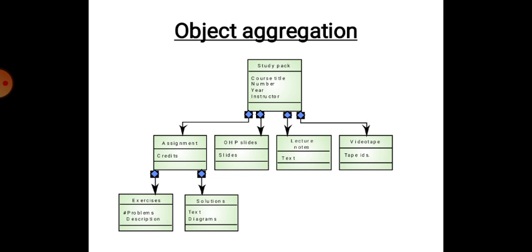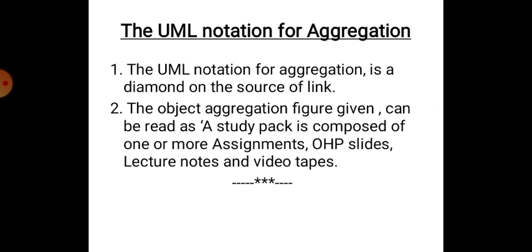Below that you have assignments, OHP slides, lecture notes and video tapes. Assignments consist of exercises and solutions. So you find the study pack is an aggregation of exercises, solutions, OHP slides, lecture notes and video tapes.